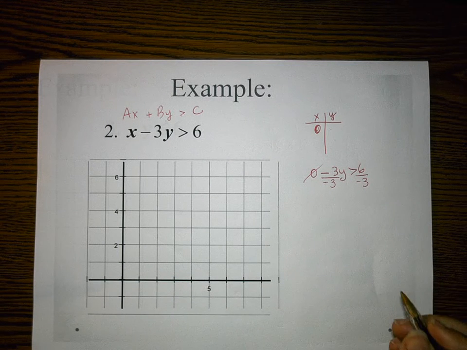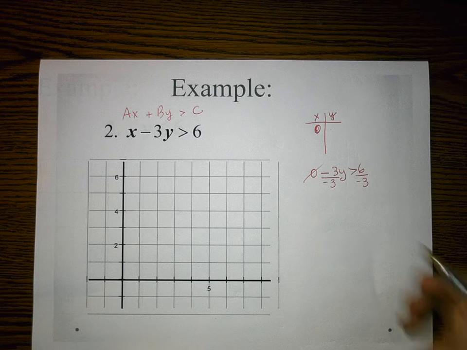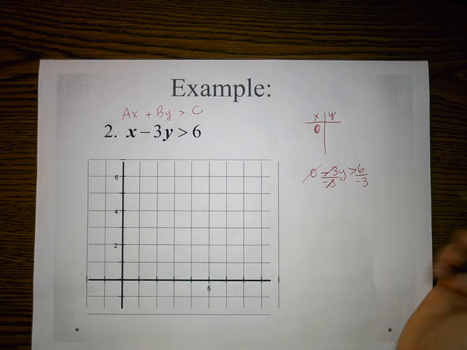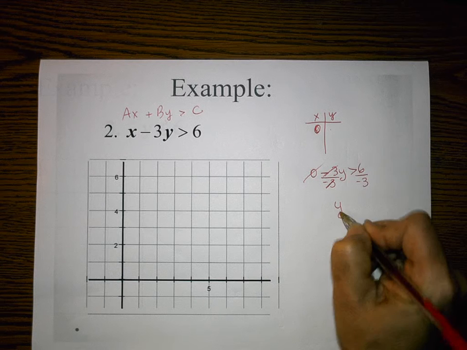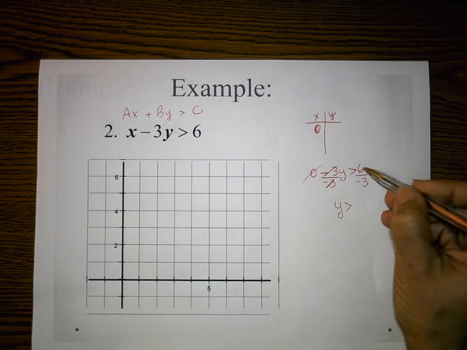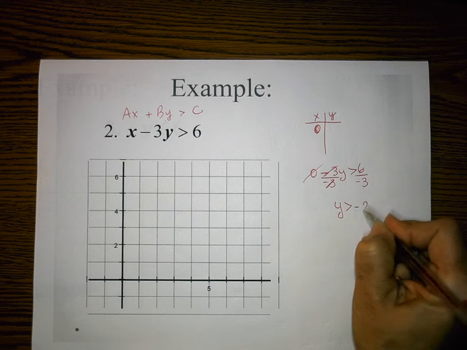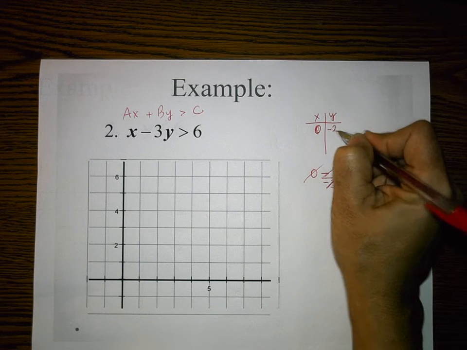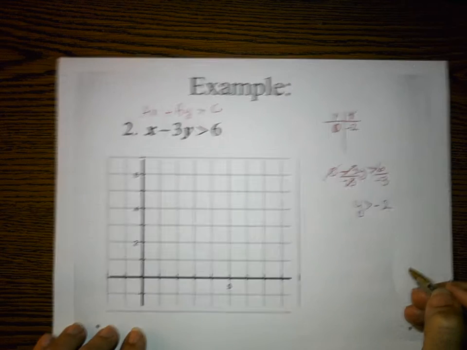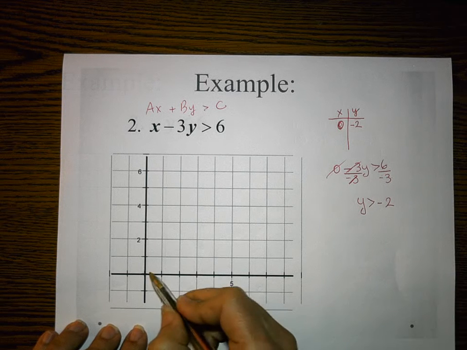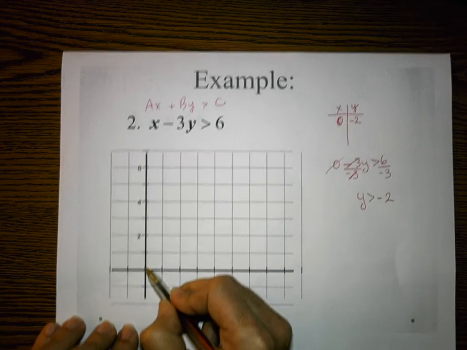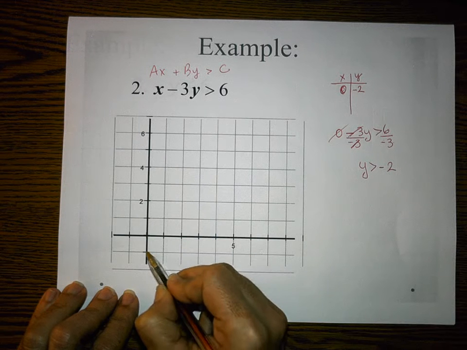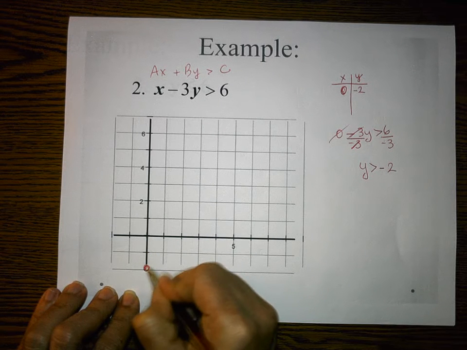If I do it to the left, I have to do the same thing to the right. -3 divided by -3 is 1, so I have 1y is greater than 6 divided by -3, which is -2. So my y value has to be greater than -2. I'm going to go to 0 for x, -2 for y, which is way down here on my grid.